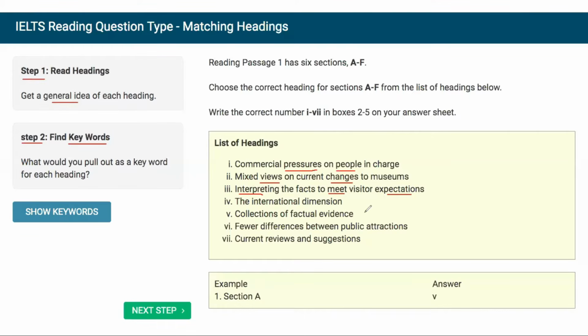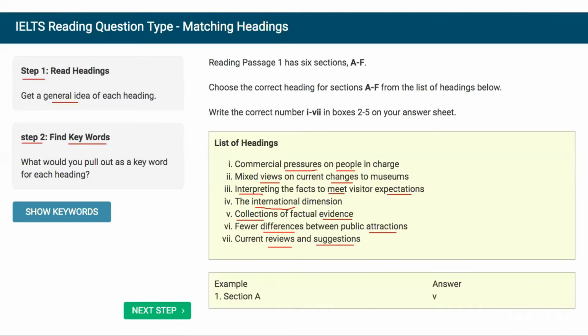This is quite short, so I would say the most important thing to underline here is the fact that it's international. 5, collections of factual evidence. I want to look at collections and evidence. 6, fewer differences between public attractions. Again, differences and attractions. And 7, current reviews and suggestions, reviews and suggestions.